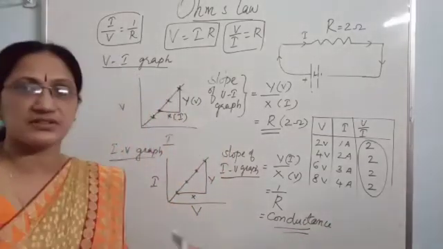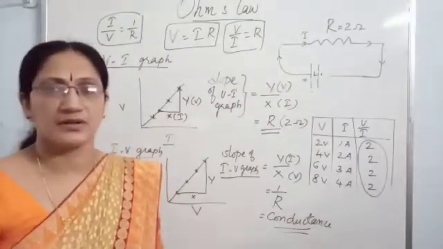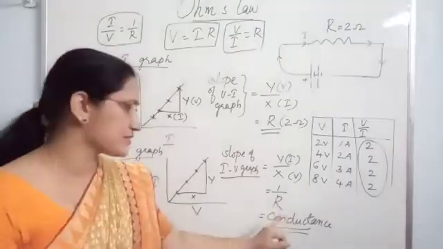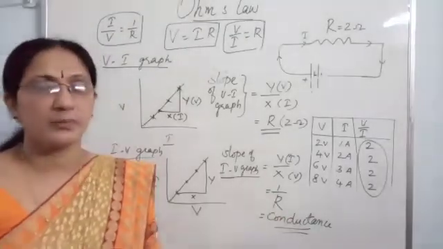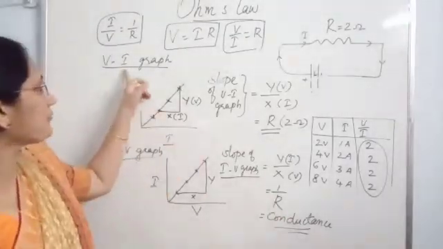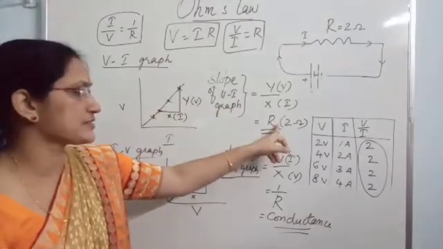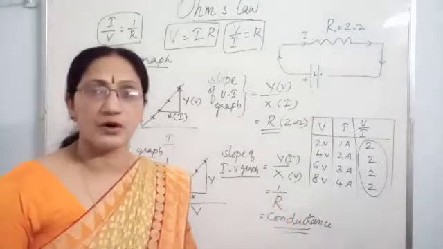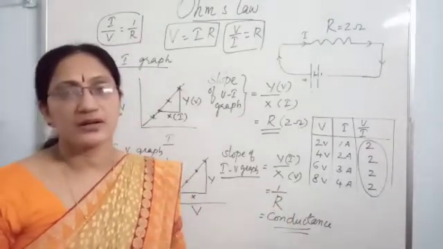Resistivity and conductivity are just reciprocals. So remember the statement, slope of VI graph will give resistance and slope of IV graph gives reciprocal of resistance, that is called conductance.